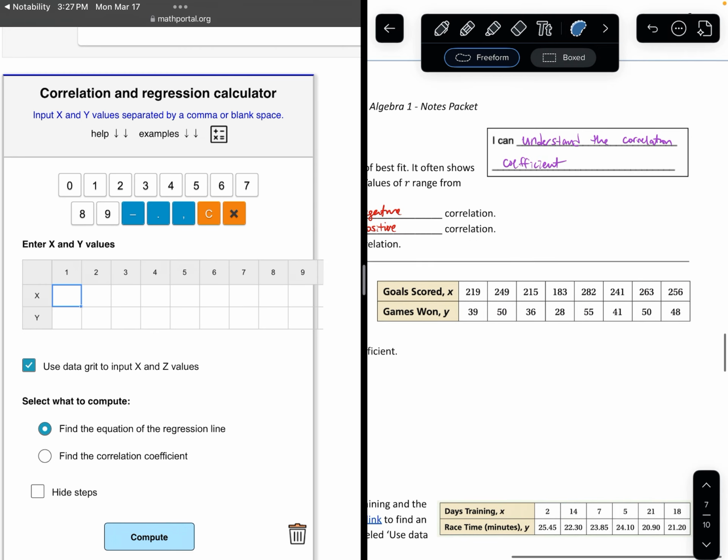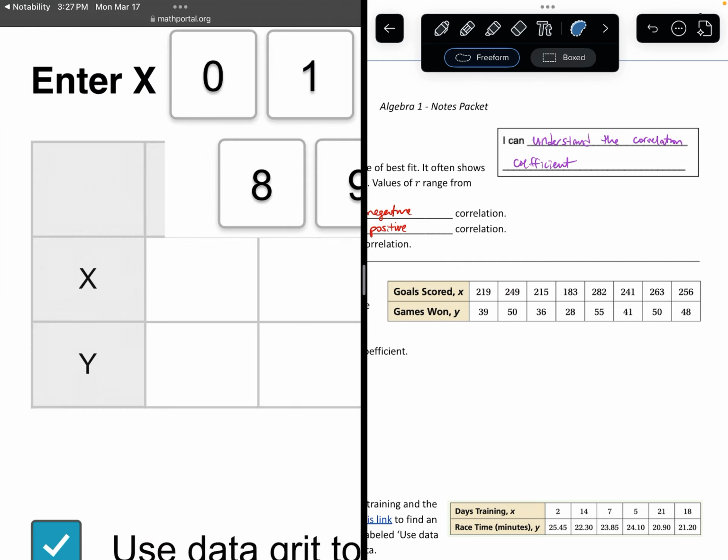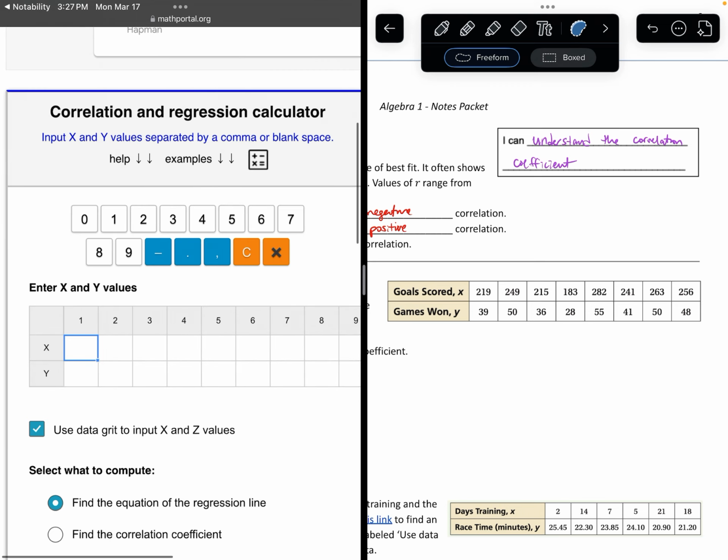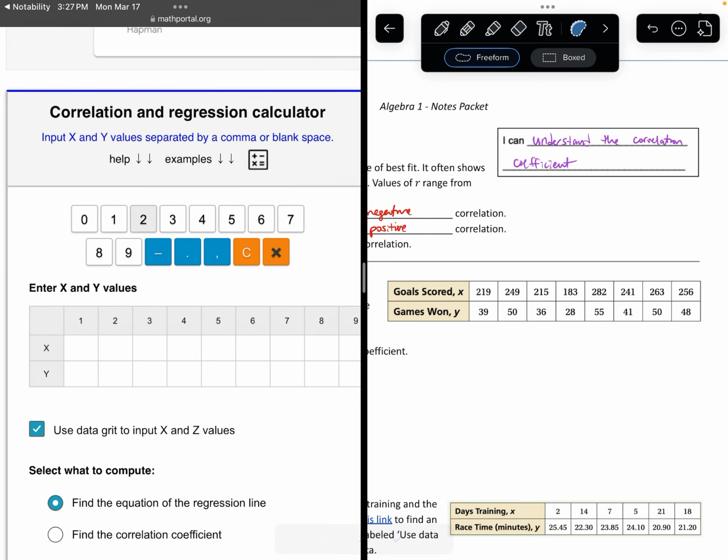So here's the data that I'm given. The first thing that I'm going to do is click this data grid box. That'll easily allow me to type in all of the data. So 219. I've got to type it in. 21.